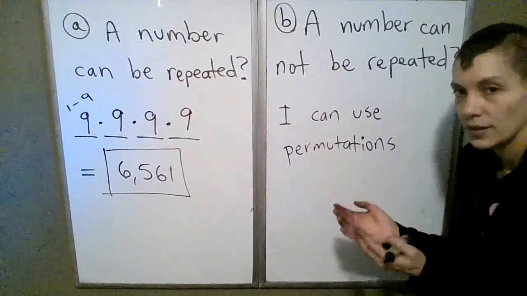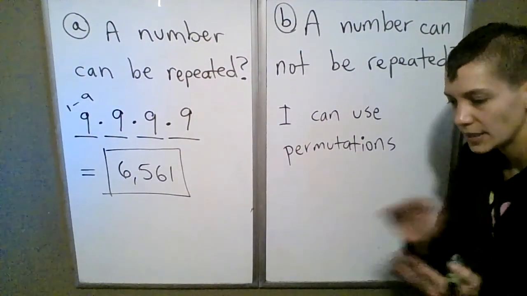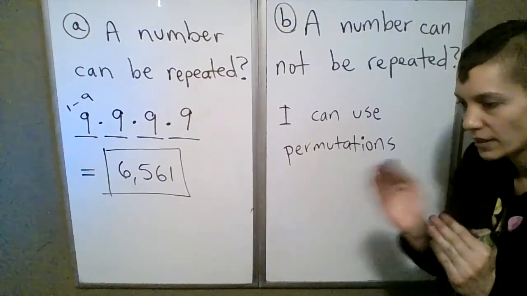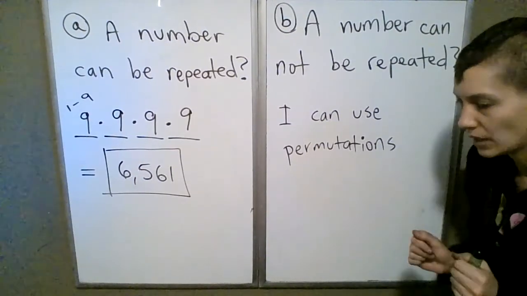Since I'm going to have 9 possible digits and then put them in a certain order, for the 4 spots on the lock, and that will open the lock.